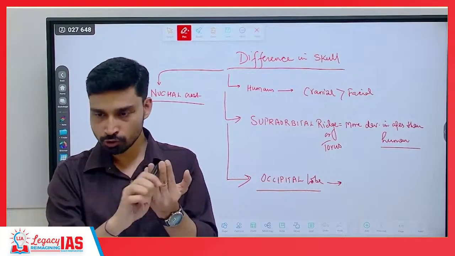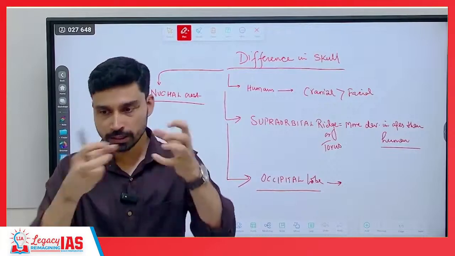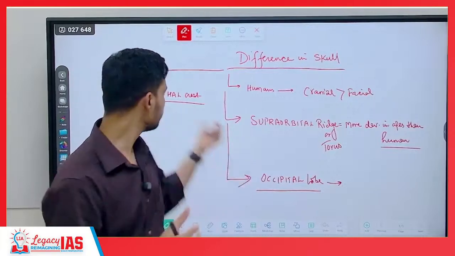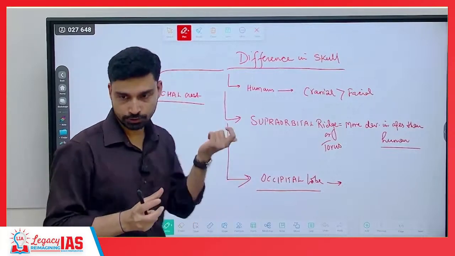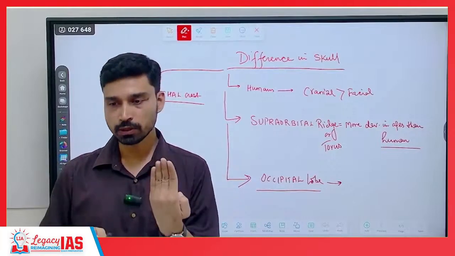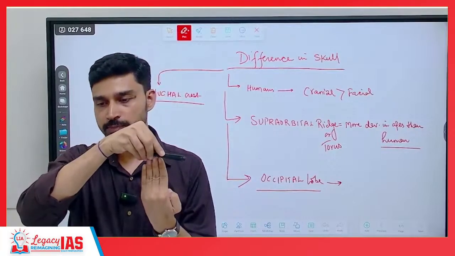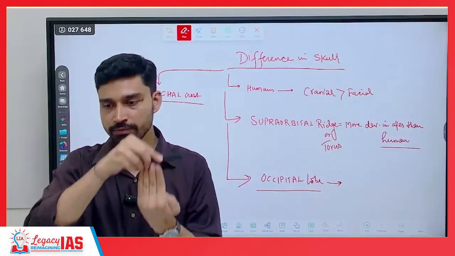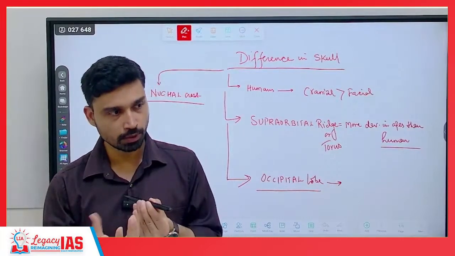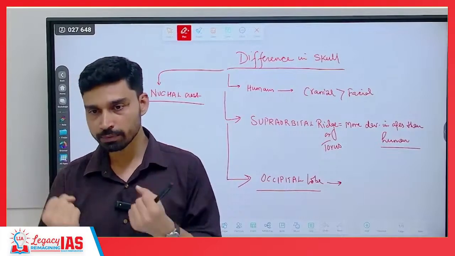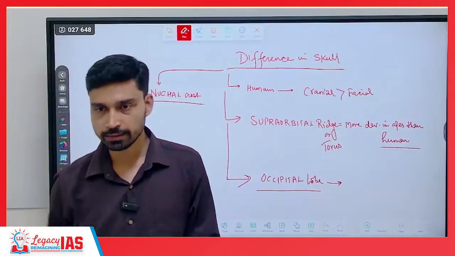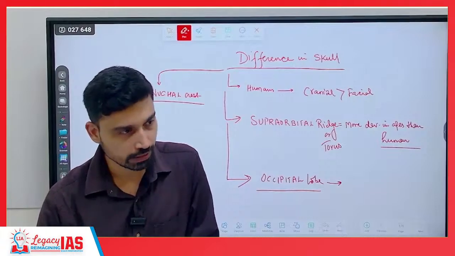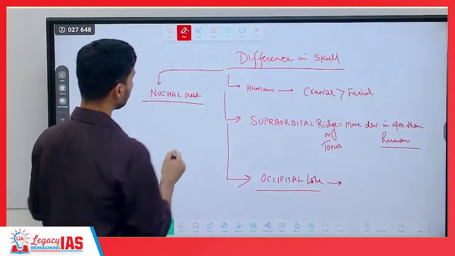Only if you have very strong muscles, and muscles need to be attached to something. That attachment site is what? Nuchal crest. In humans, the vertebral column is like this, and the skull is placed directly above it. So the vertebral column itself is supporting the skull properly. There is no need for strong neck muscles to support the skull, and that is why the nuchal crest area is relatively less developed.